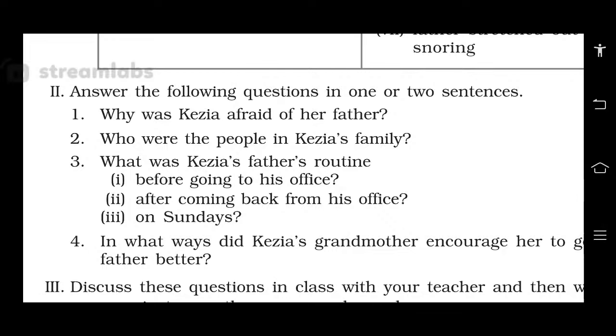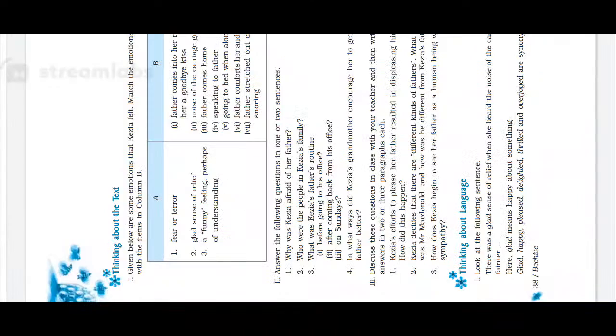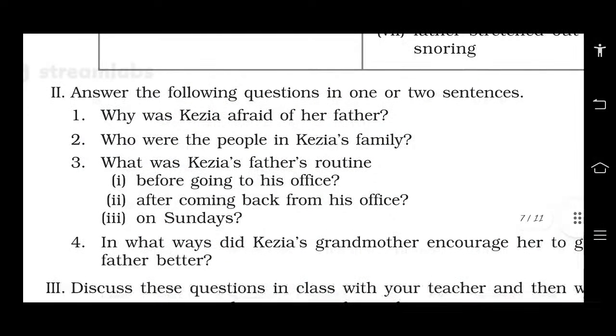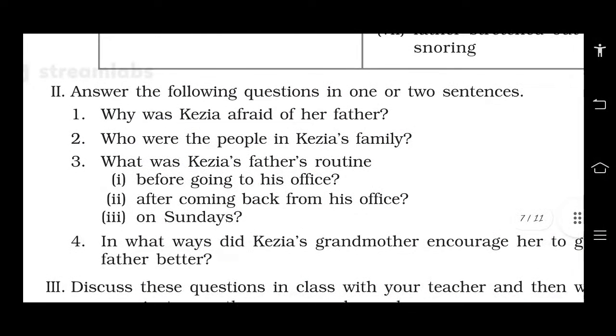Look at the screen. Answer the following questions in one or two sentences, in the simplest way. Why was Kezia afraid of her father? You need to give an answer by generalizing the total story.